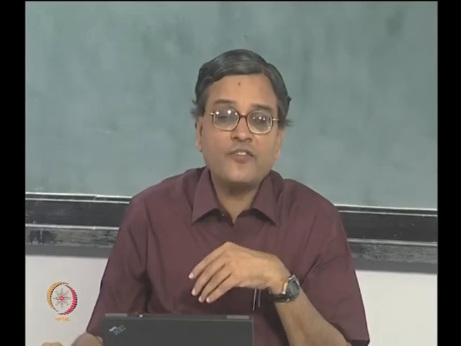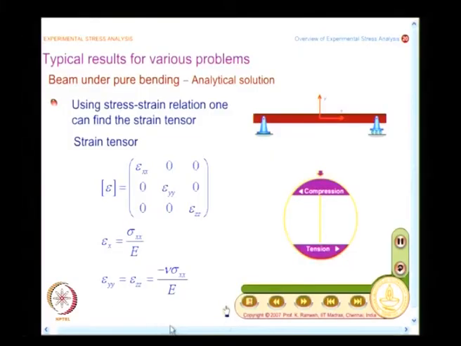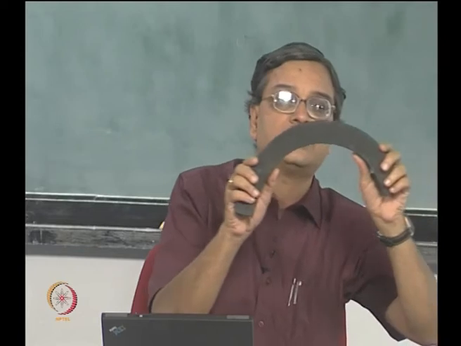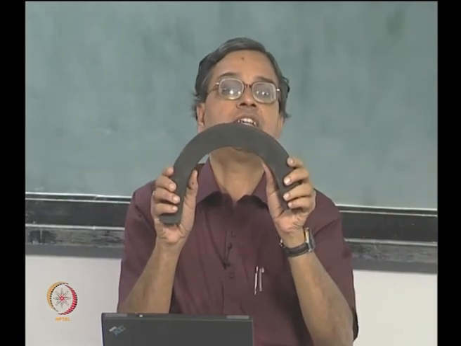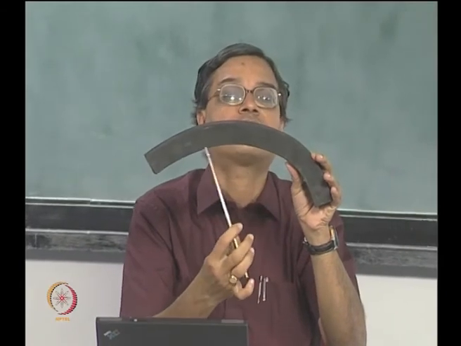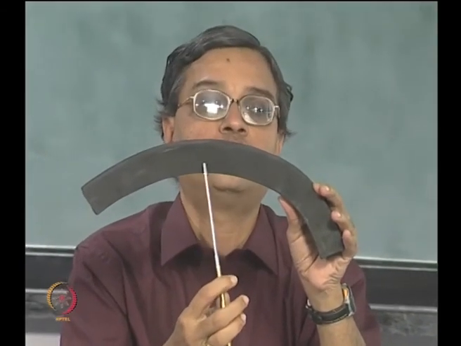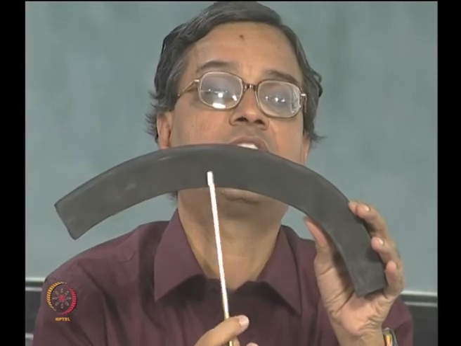And what is the role of these strain components epsilon yy and epsilon zz? You have a Poisson ratio here, and when you have the beam under bending, I would like to show you the model. If I take the model and bend it, the beam bends here, and this is one curvature you have, and this is what you do in your simple strength of materials approach.